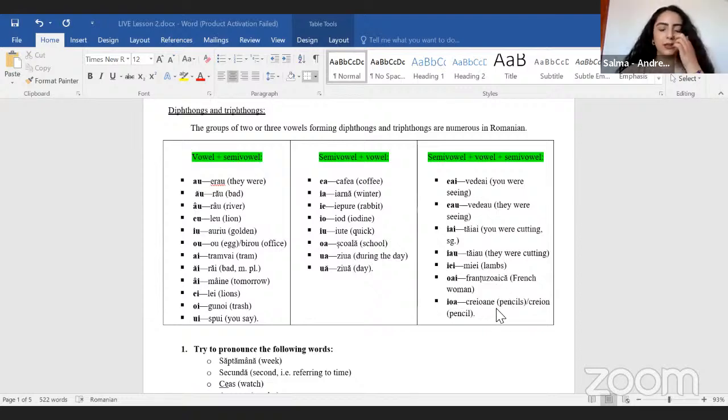These are probably the most problematic, so to say, because we have here a cluster of sounds that we need to pronounce. So neither of them are silent. When pronouncing them, one of them is more prominent, meaning the vowel, while the rest of them are there to help the pronunciation, so to say.